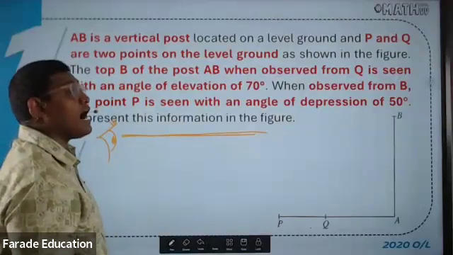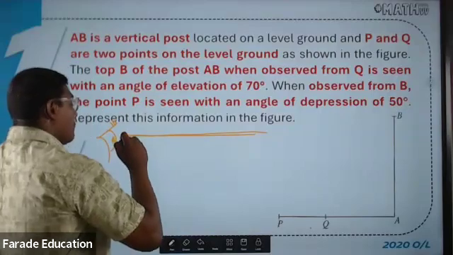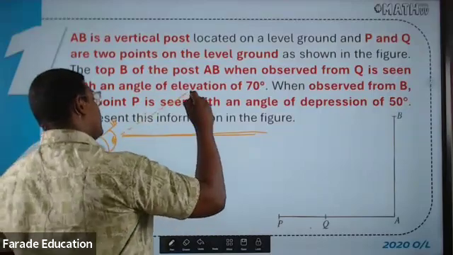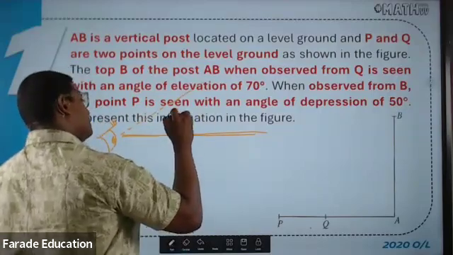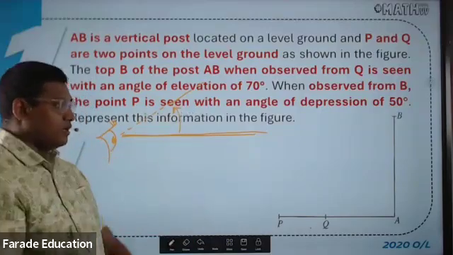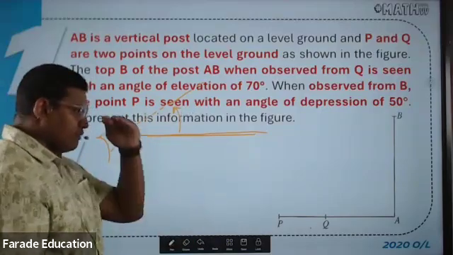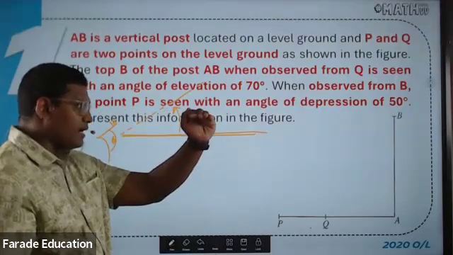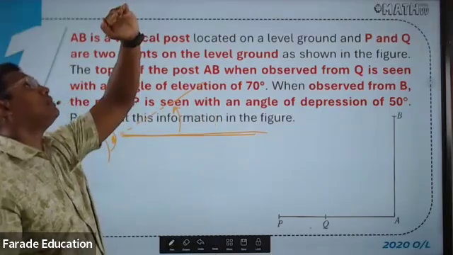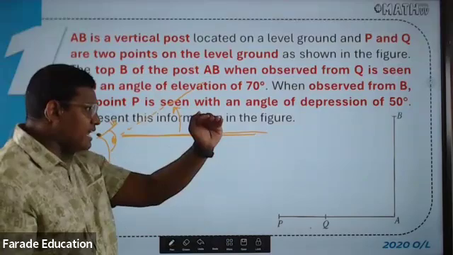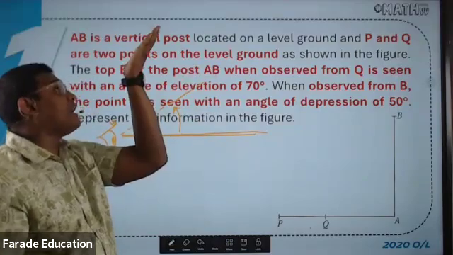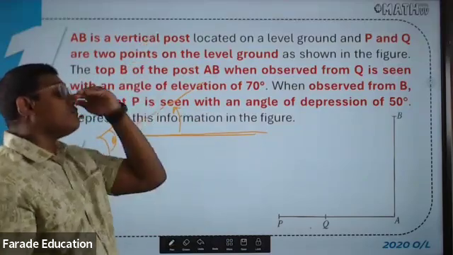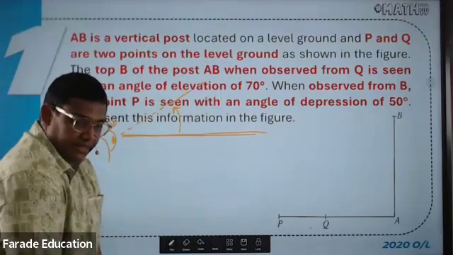If I want to look up, from here only my eyesight increases. That means from here, there is an angle. When I want to look at the ceiling, from here, I need to look up. From the eye level, the angle I'm looking up is the angle of elevation. From the eye level, not from the feet.